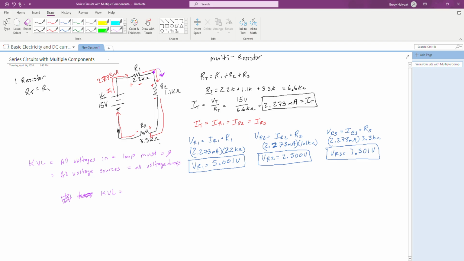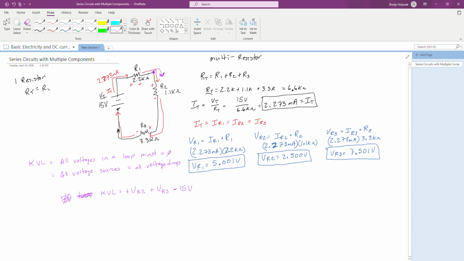So I'm going to start here, and I'm going to have a plus voltage of R2, which we did find over here, but we're going to just write it out in formula mode for just a second, plus the voltage of R3, because we hit the plus side first. We come through, we hit the negative of our power supply, so minus 15 volts, which is our V total.